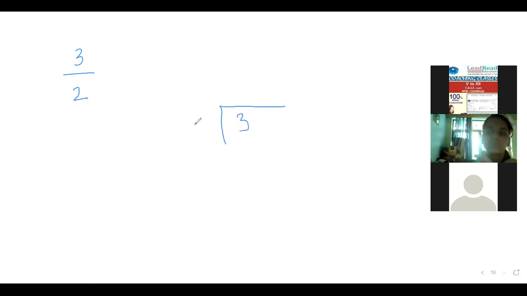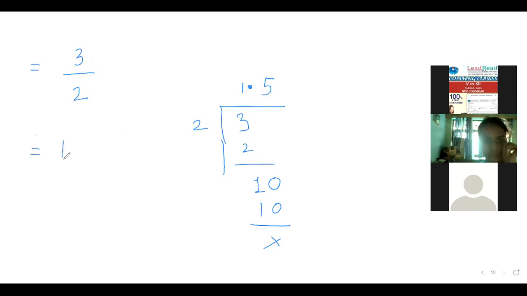We will be dividing it. 2 ones are 2, 3 minus 2 is 1. Now you can see 2 is greater, so I will put a decimal. I can put now 0. 2 fives is 10. Now subtract. So yes, the remainder is 0. So the value of 3 by 2 is coming out to be 1.5.